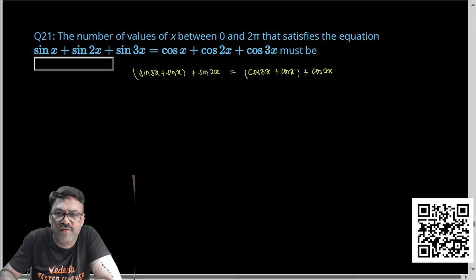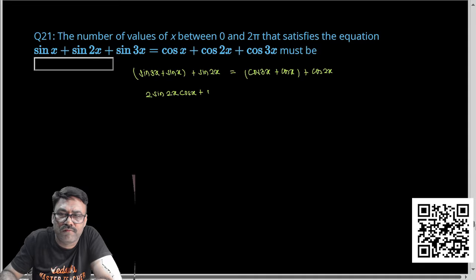Now use the formula sin C plus sin D: 2 sin of (C plus D) by 2, cos of (C minus D) by 2, which is 2 sin 2x cos x, plus sin 2x. Same here, cos C plus cos D gives 2 cos 2x cos x, plus cos 2x.